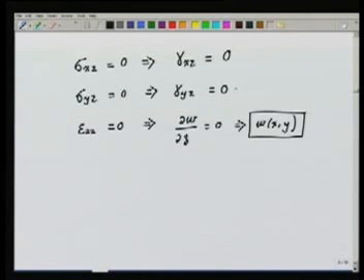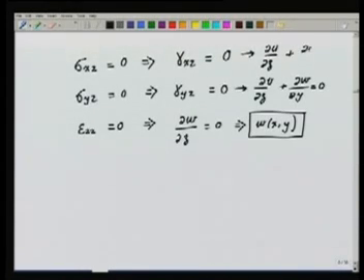This will imply del u del z plus del w del x, sorry, my mistake here, I was working with the wrong thing: del v del z plus del w del y is equal to 0. And this will imply del u del z plus del w del x is equal to 0.